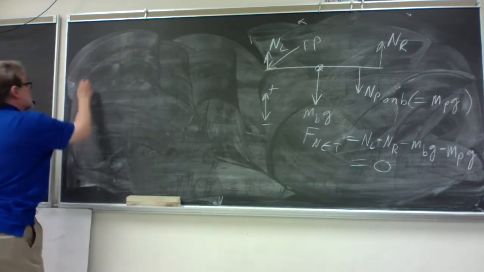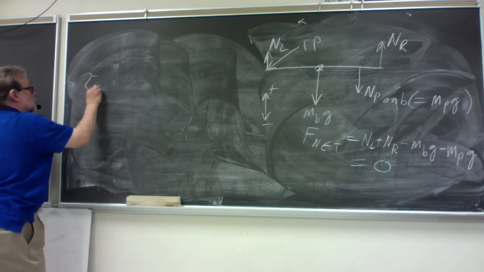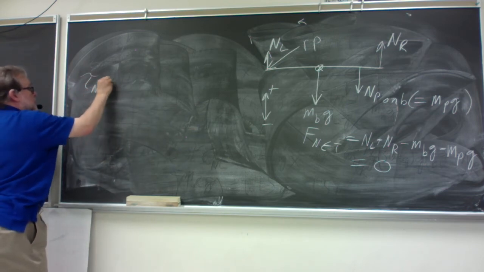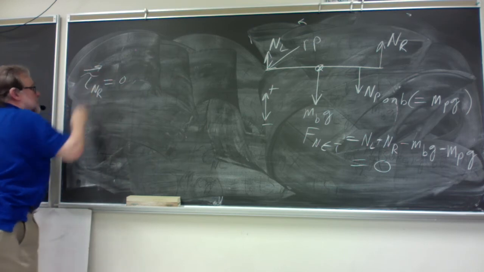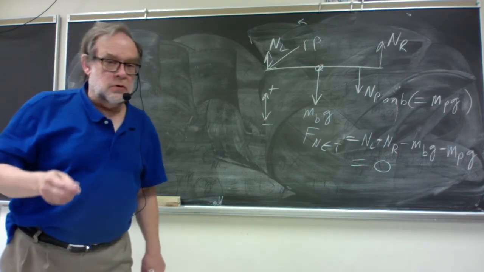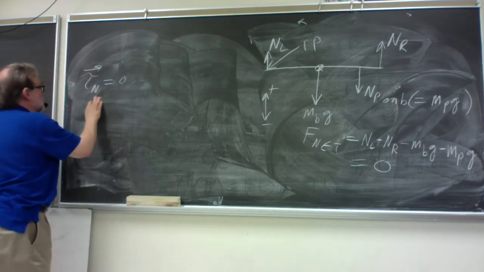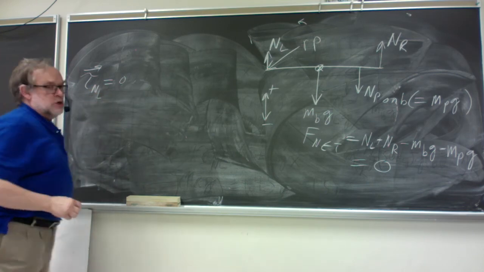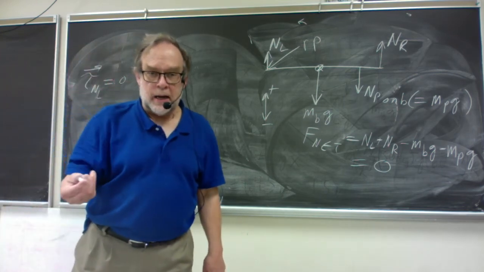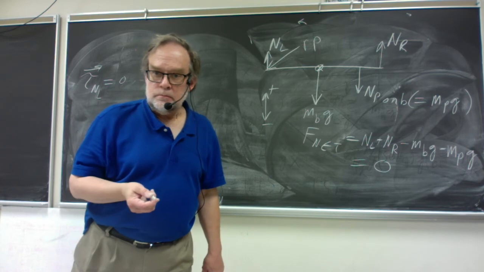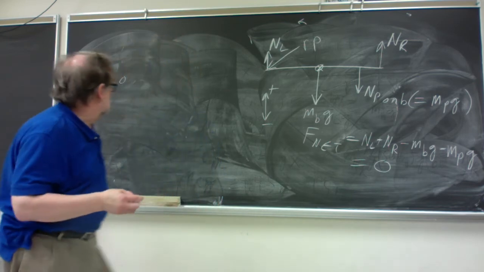I just said that the torque due to the normal force from the brick on the left is 0, because that force NL, normal force on the left, is acting right on the reference point.